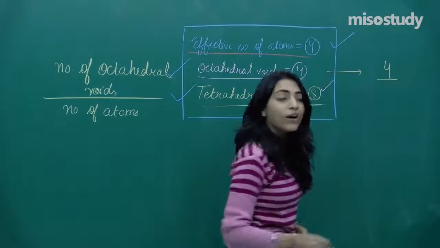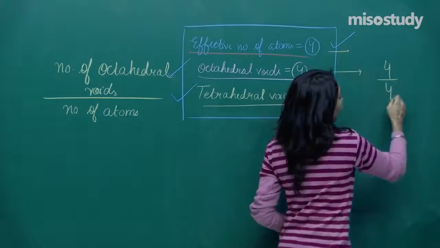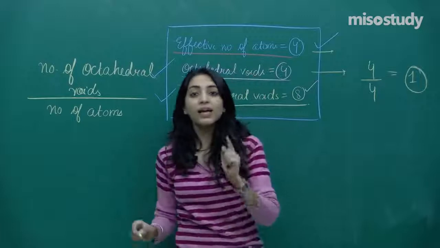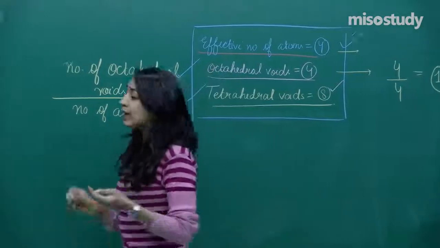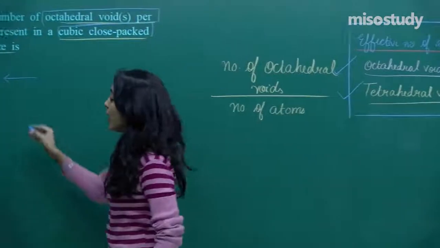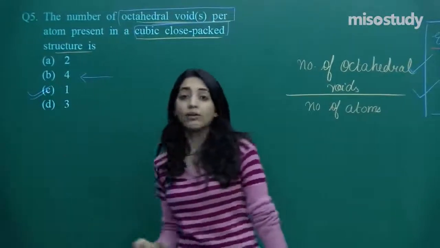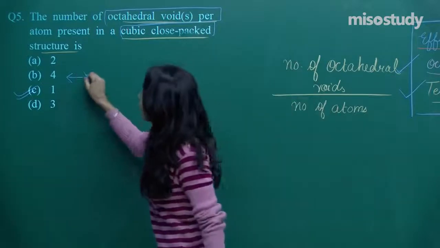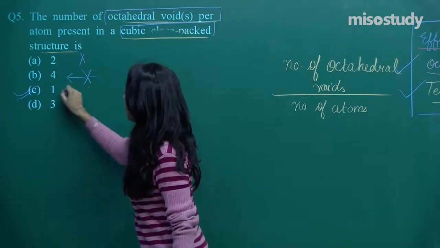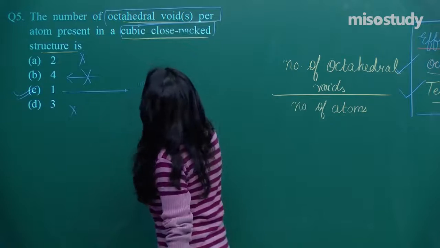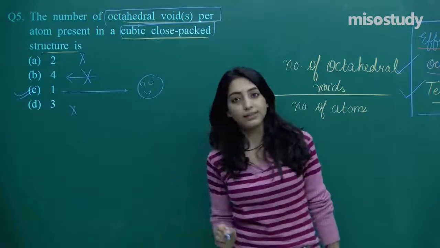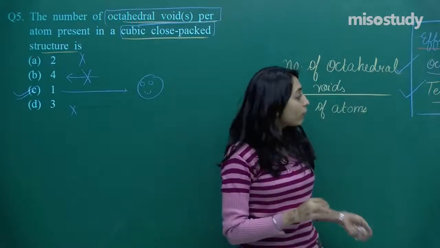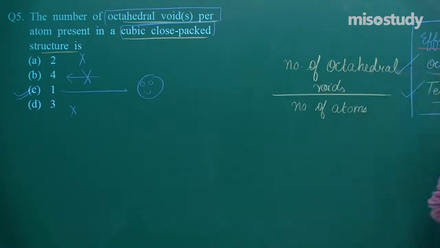How many number of atoms are there? 4. So 4 divided by 4 is 1. That means there is only and only one octahedral void with respect to every atom present in the CCP crystal. And hence not B, not A, not D, but option number C will be our correct answer. Okay. So now guys, please note it down so that we can further continue with the other question of the exercise.